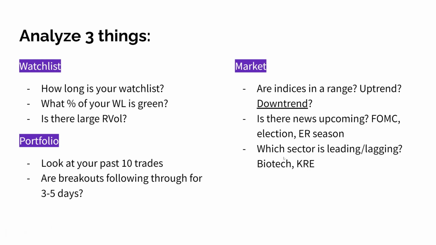And I also like to make a note of which sectors are leading and lagging in any given environment. So if we look at the sectors right now, then the biotechs have clearly been leading the charge, and the regional banks or the KRE have been the biggest losers recently in the last few months. And are there any bubbles forming in any hot groups?